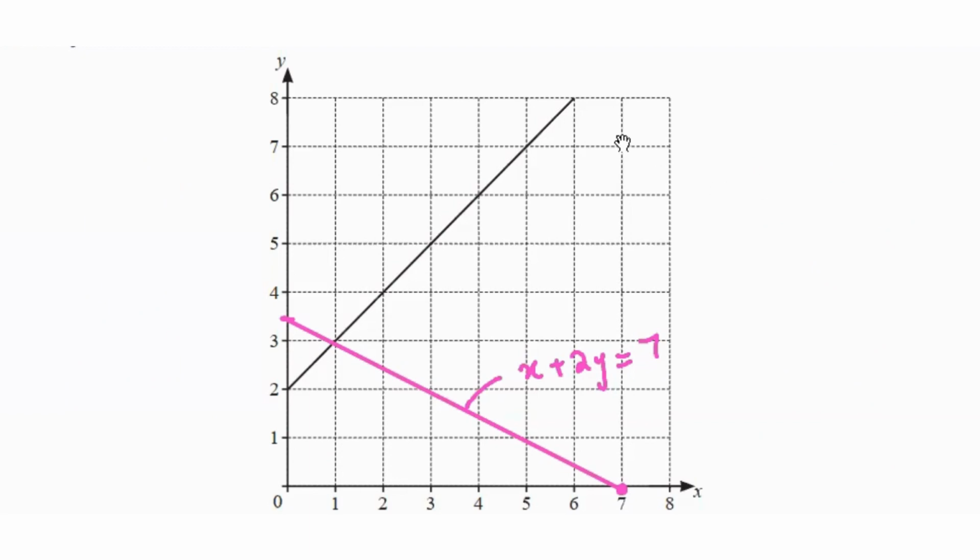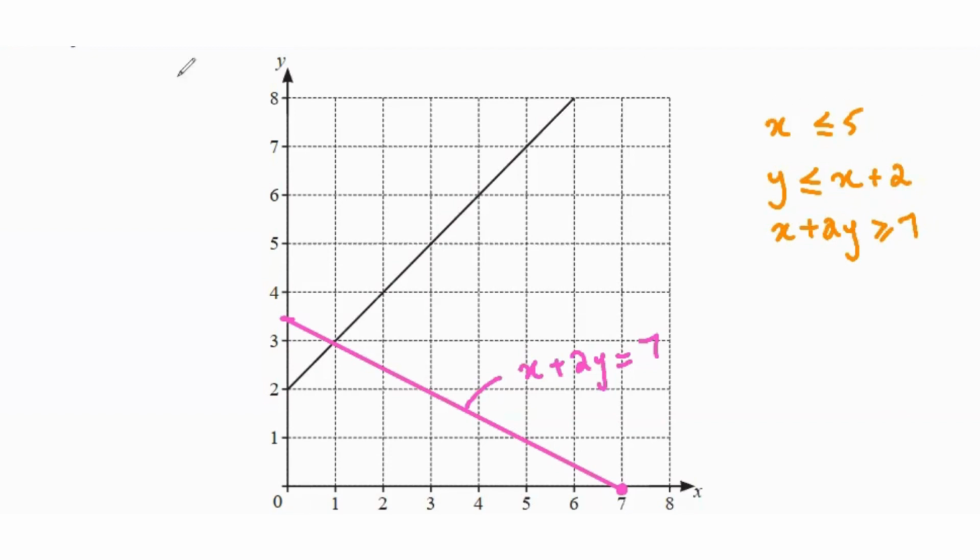Now the inequalities we have are x is less than or equal to 5, y is less than or equal to x plus 2, and x plus 2y is greater than or equal to 7.